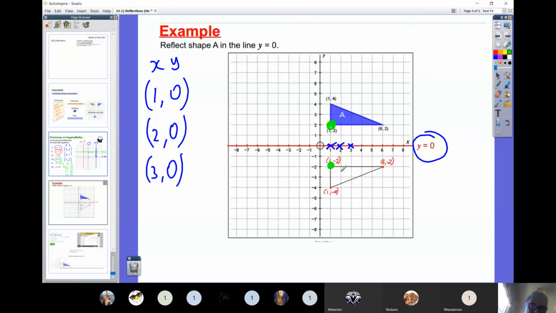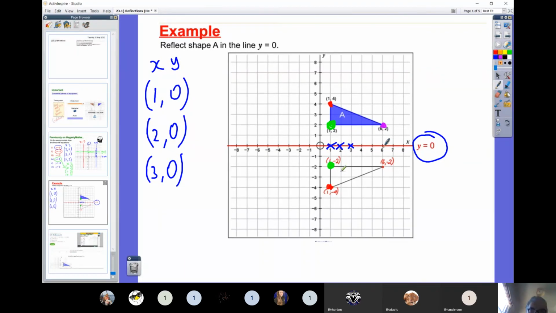And you just repeat with all the corners, all the vertices. So that point there, that is 1, 2, 3, 4 away from the mirror line. So you go 4 the other way. 1, 2, 3, 4. That takes you to there. And finally, that coordinate there on 6, 2 is 2 away from the mirror line. So it goes 2 back the other way.